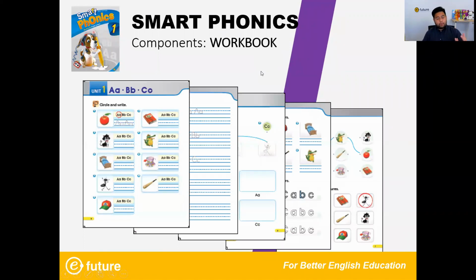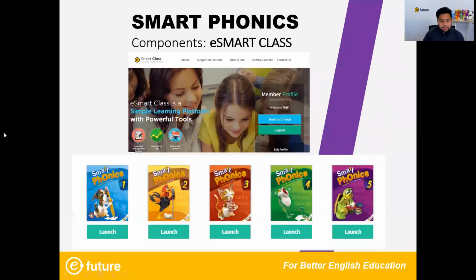And then just a quick preview of our workbook: extra writing practice for the students to consolidate what they've been learning in the class. And I mentioned earlier the eSmart class. How many of you are actually using eFuture books and know about our eSmart class? I'm curious, especially in this time where a lot of teachers and students are going through online classes.